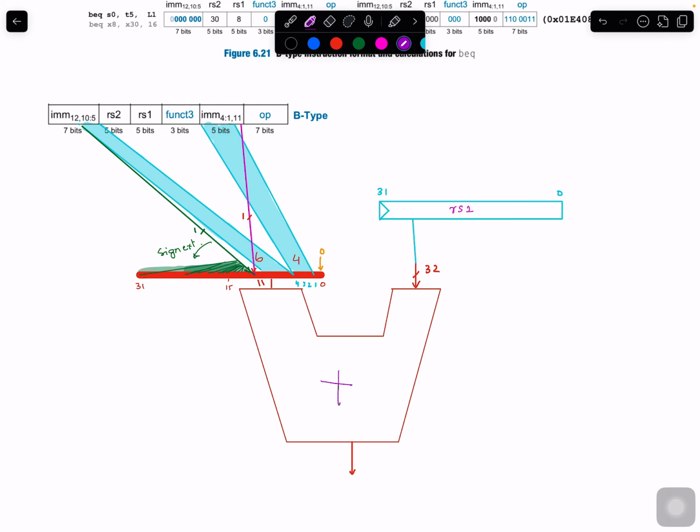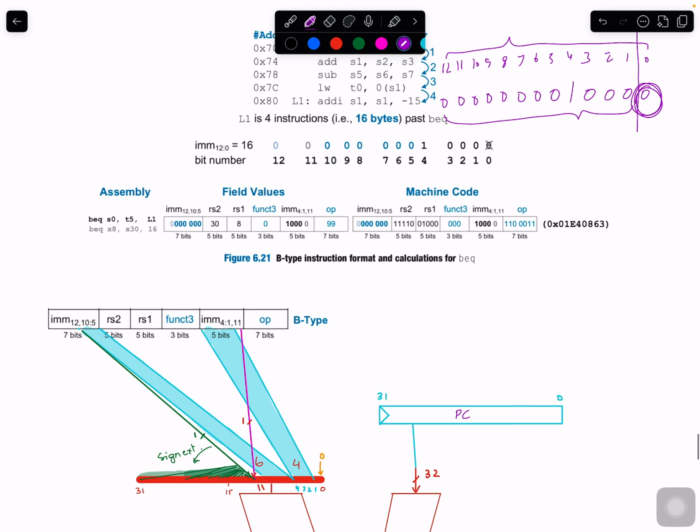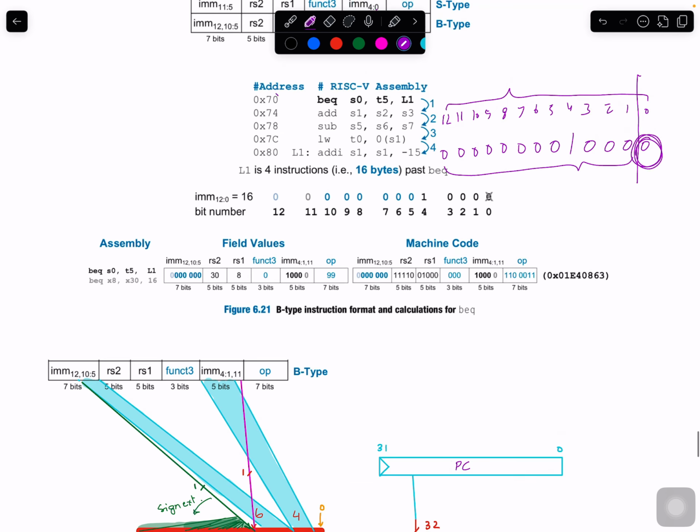But this one is the PC. The PC was storing the program counter. Now the program counter goes to this one.